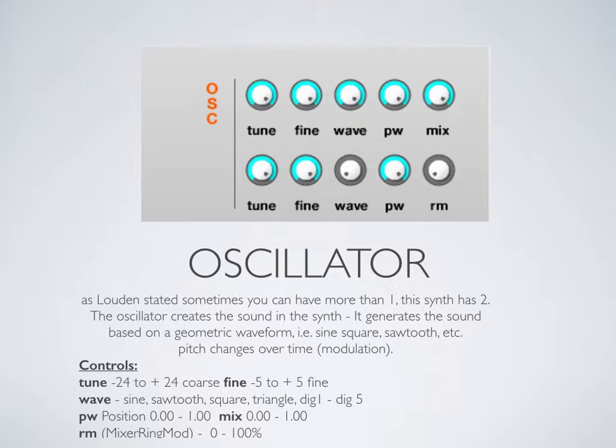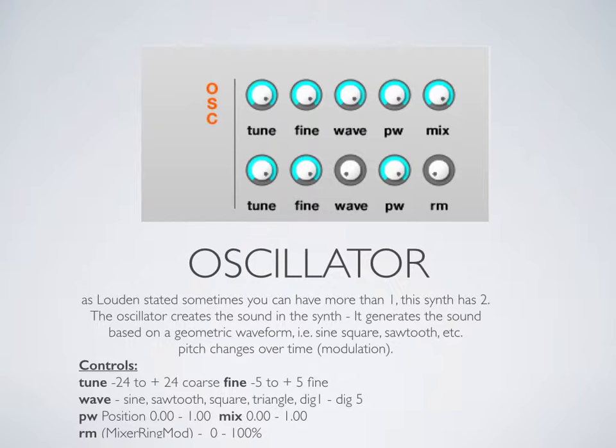The controls in this particular module are a tune, which is a coarse setting from -24 to +24, and a fine setting from -5 to +5. The waveform can be chosen here. It also has DIG 1 through 5, which is a digital waveform, maybe a combination.